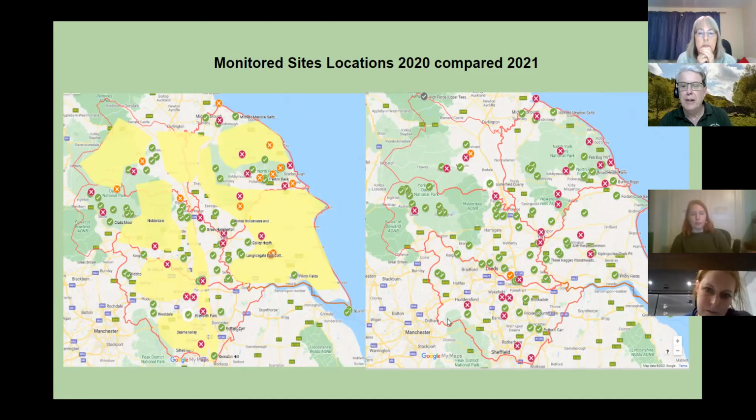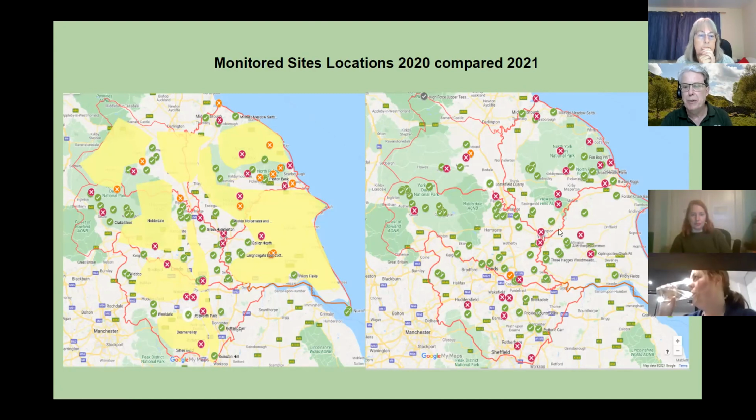Now you'll see on the right hand side the 2021 situation, and a lot of those names that I've read out are plugging some of those gaps. I'm really pleased to say we've well exceeded our target. We aimed for 5 new sites. We achieved 21 new sites. So we're well on our way to plugging the holes.